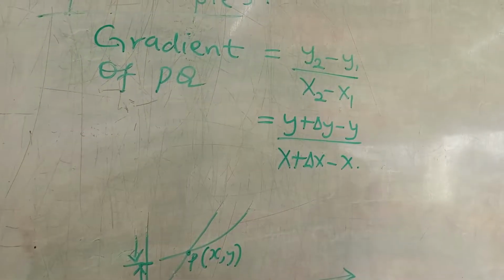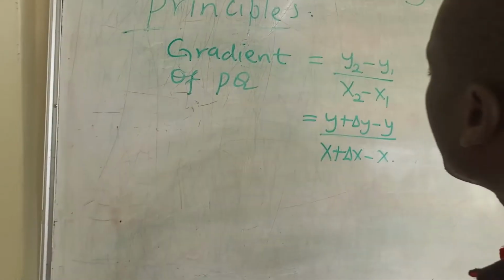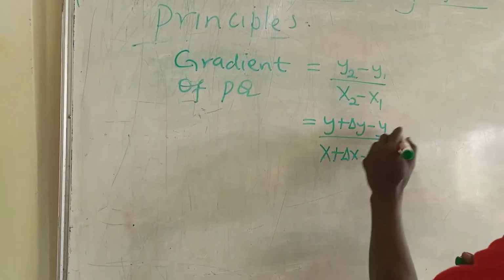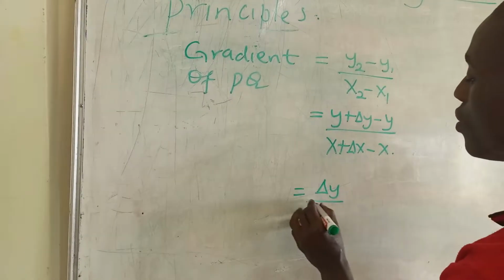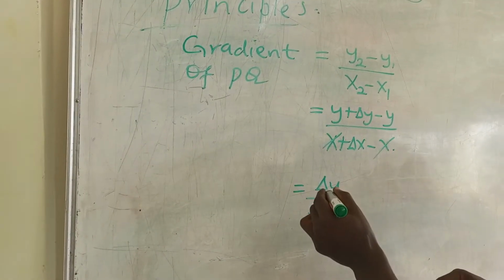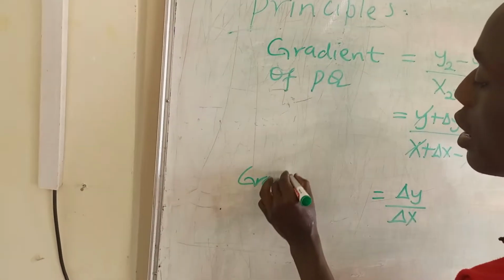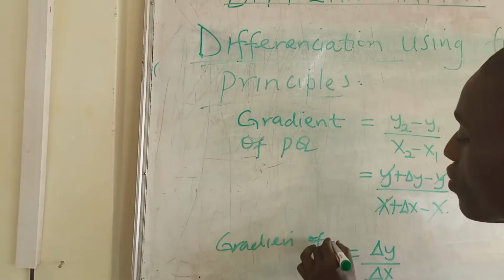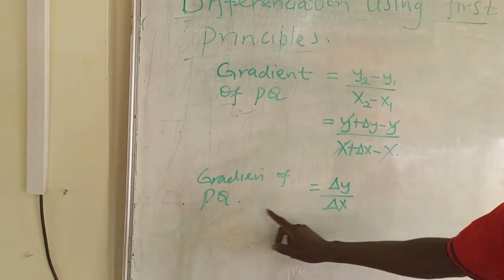So here mathematics tells us that it is very normal for us to cancel. Here I will have the change in y over the change in x, because this x has gone with that and the y has gone with that. This is the gradient of PQ. So I have to introduce a limit.